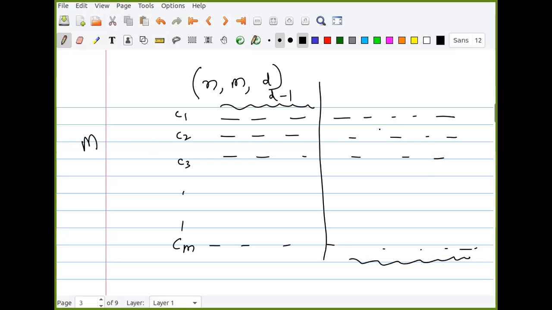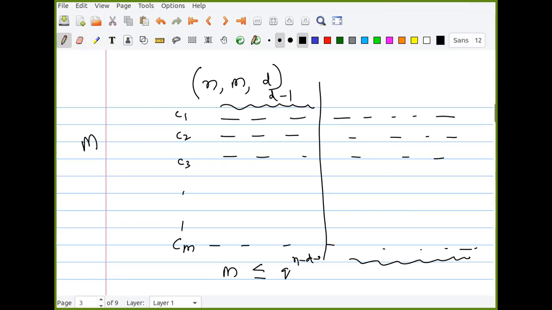Now the question is whether any two of these words are equal. No, sir. If they are equal, the distance of those two becomes d minus 1, but the distance is d, so that is not possible. These are all distinct. Because of that, M is less than or equal to q power n minus d plus 1.